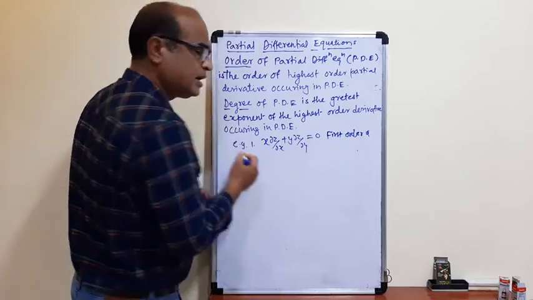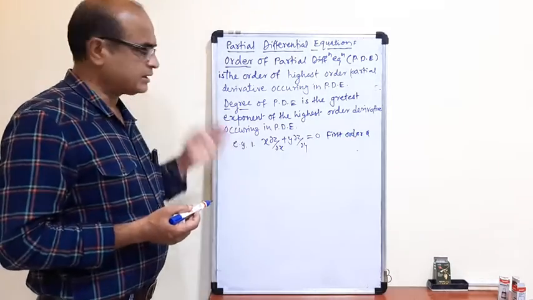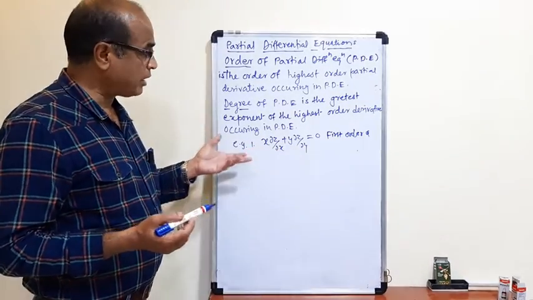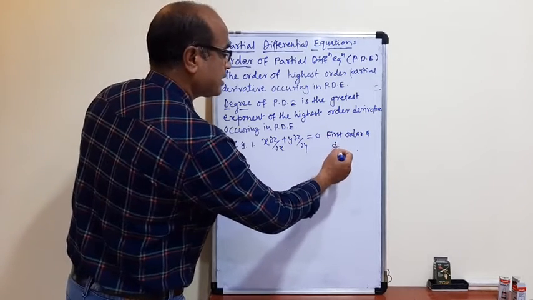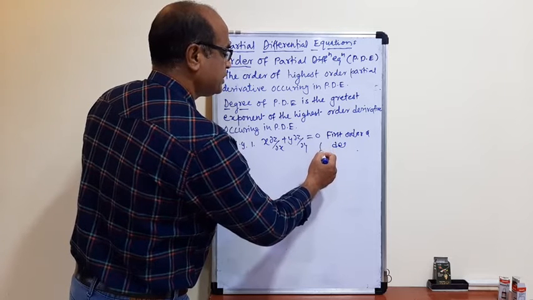The degree is also first degree here, since the exponent of the partial derivative is 1. First order and first degree.